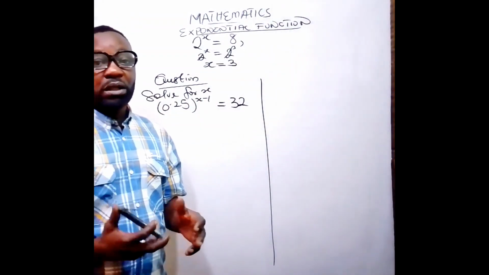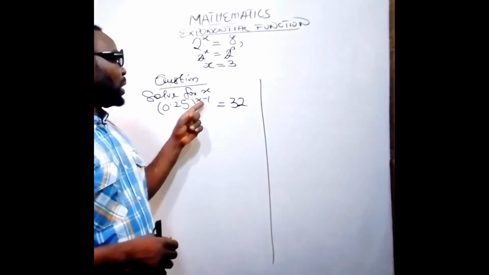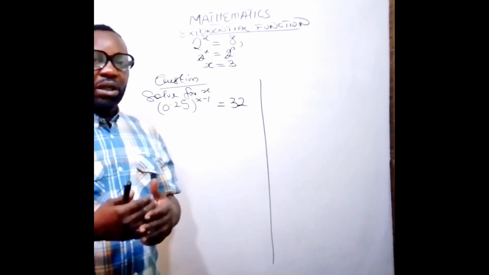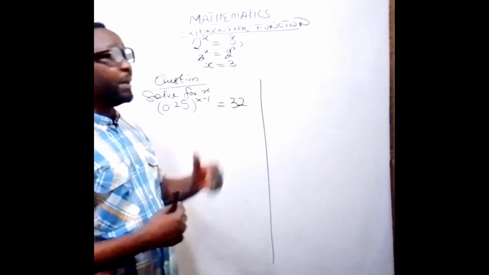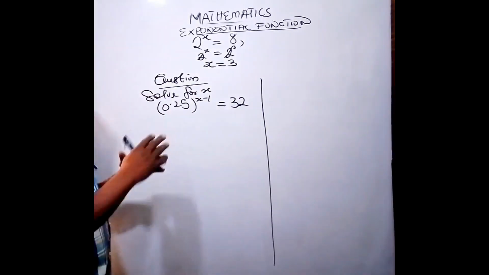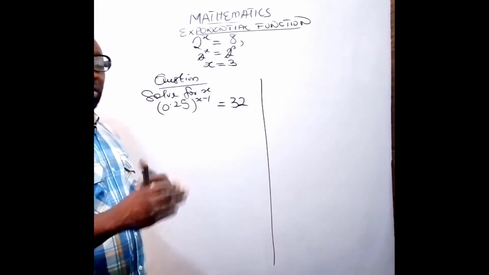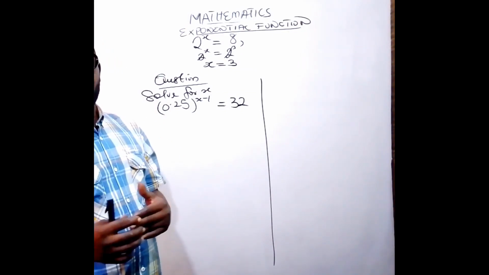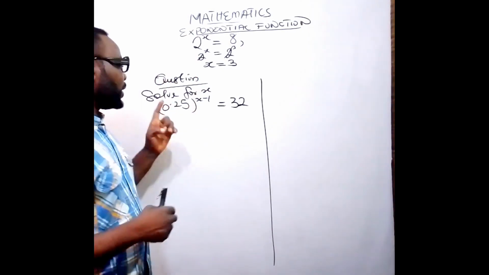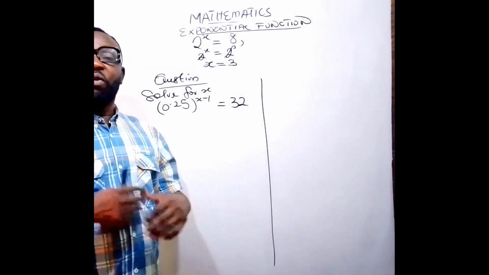You will discover that the unknown value, which is x, is also at this index or power region here. So we will use the method of exponential function to solve this right now. Whenever you see this kind of decimal in any kind of expressions, maybe such as laws of indices, or when you are talking about exponential function, what you would do there is to convert this decimal value into a fraction.